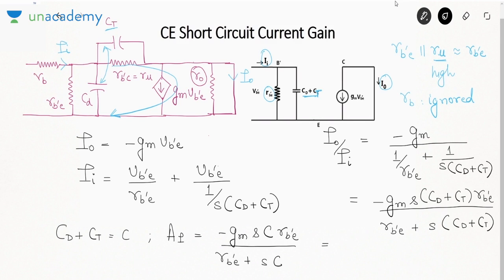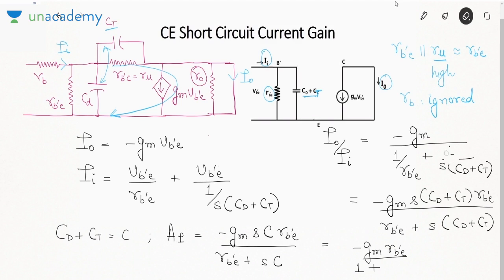So this will be minus GM RB'E. If we divide it by SC, 1 plus, 1 minus, am I committing some mistake? Because SC will be admittance. How is it getting added up here?